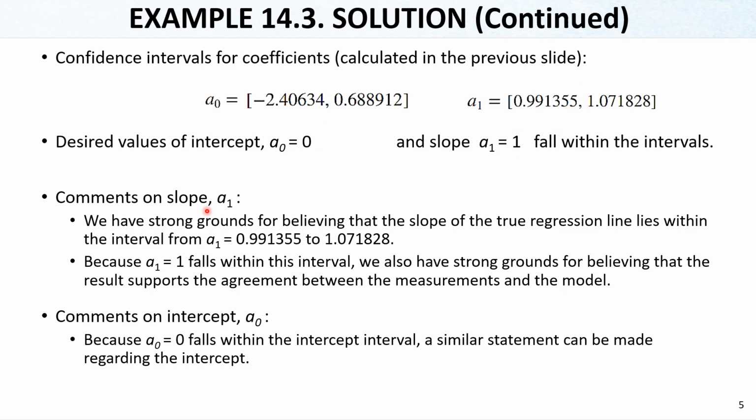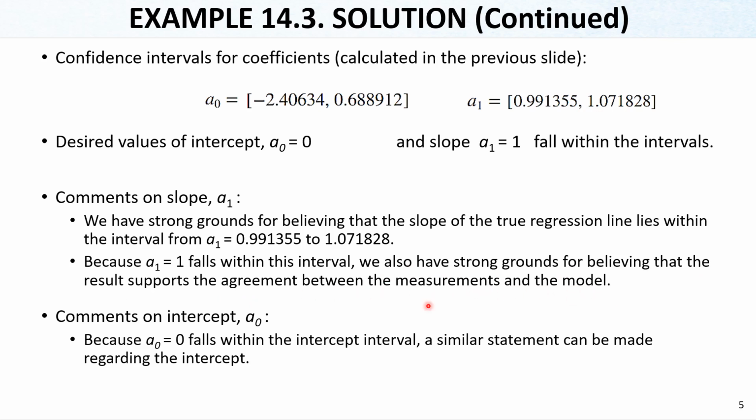Let's have some comments on slope A1. We have strong grounds for believing that the slope of the true regression line lies within the interval from this to this value. We can interpret this value like this. Because A1 equals 1 falls within this interval, we also have strong grounds for believing that the result supports the agreement between the measurements and the model.